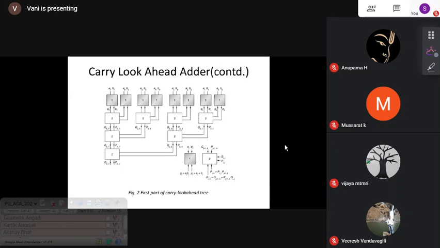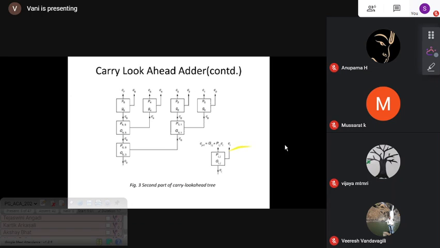So this is the 8-bit adder. So therefore, 8 G and 8 P values have to be generated. So here we can see the output where 8 G values from G0 to G7 and 8 P values from P0 to P7 can be generated. So this is the first part of carry look ahead adder.